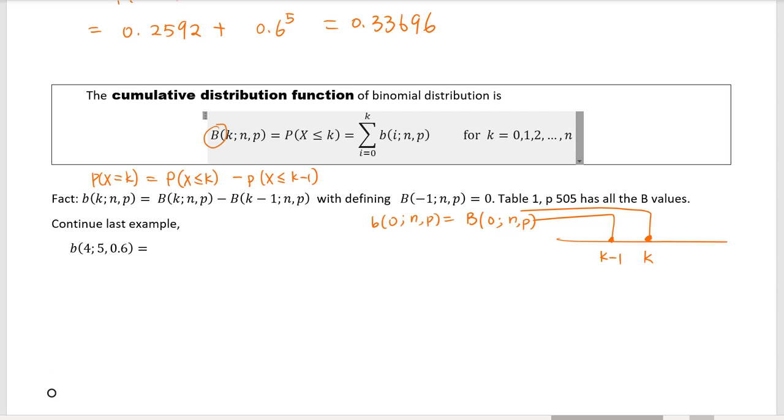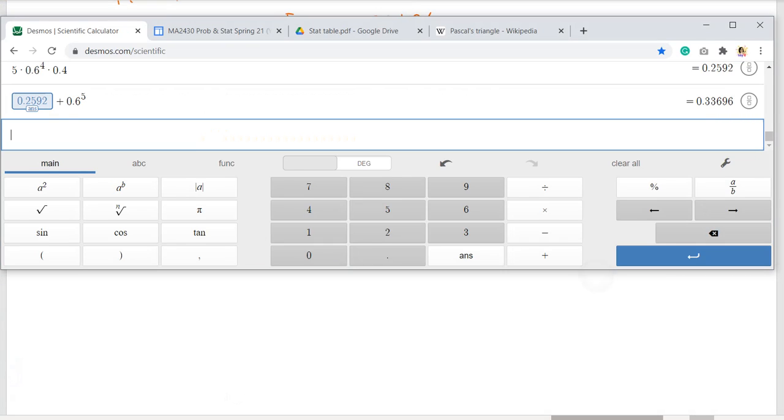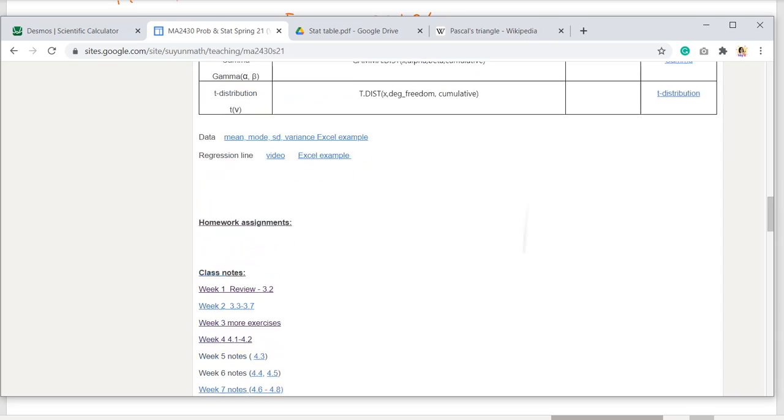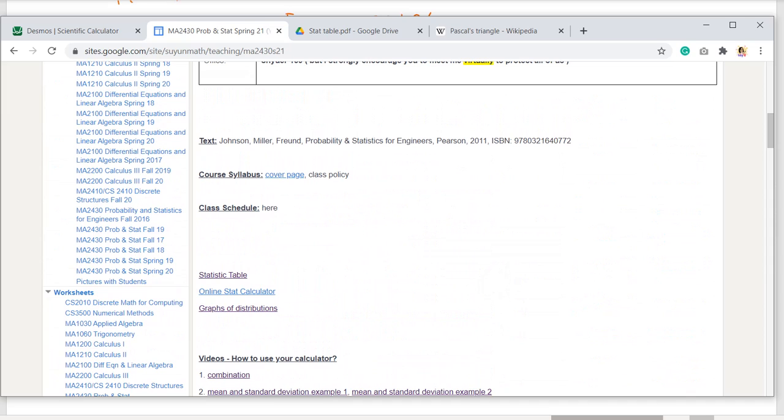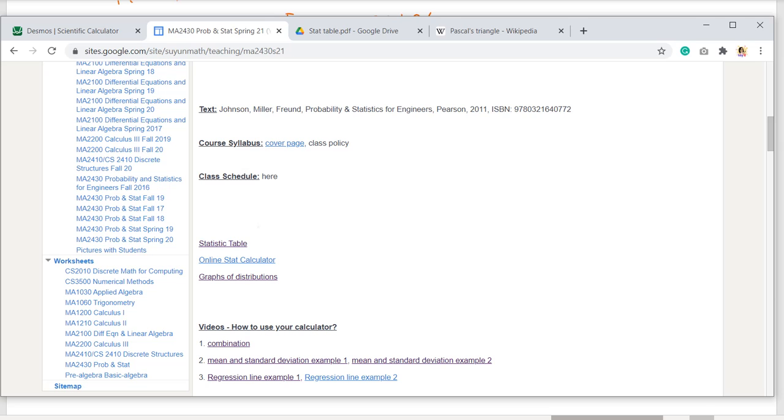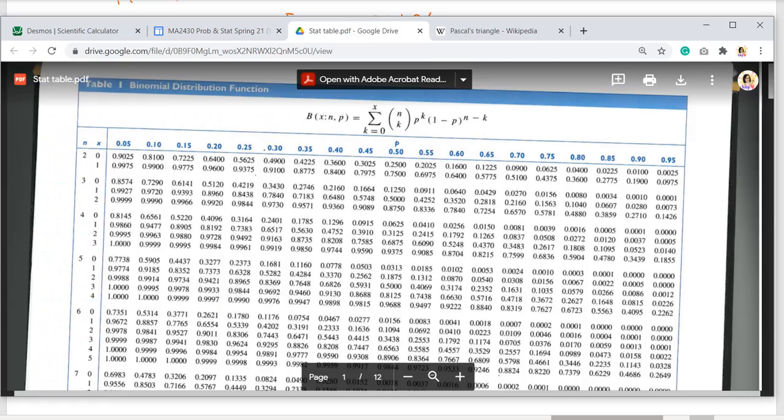Table 1, page 505 in your textbook, has all the cumulative distribution function values for binomial distributions with n less than or equal to 20. Let me show you. On our website, I also provide it here. Do you see the stat table? When you click this stat table, you get this.